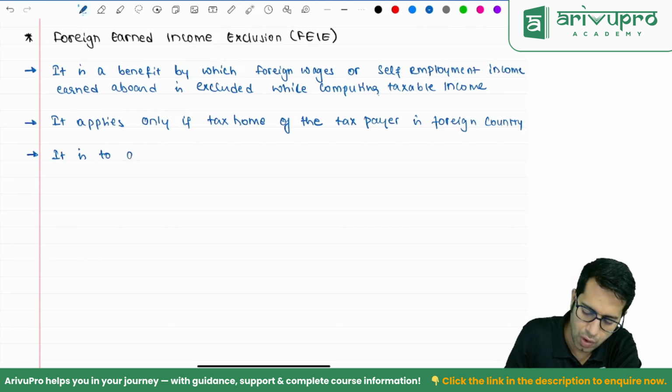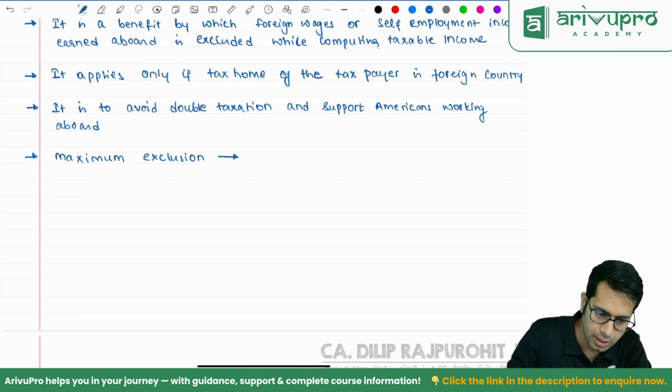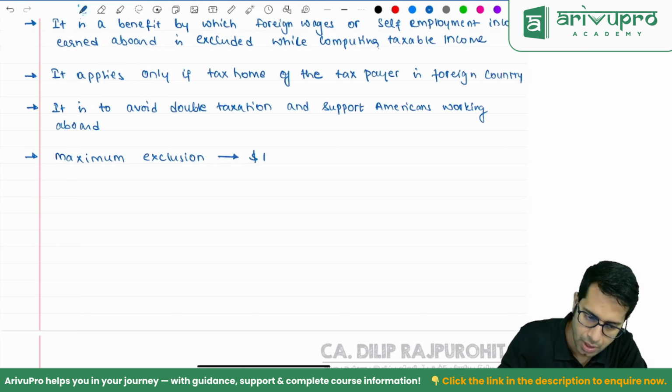Sir, how much is the exclusion which they are going to give? Maximum exclusion which they are going to give is $1,26,500 per person. How much, sir? $1,26,500.